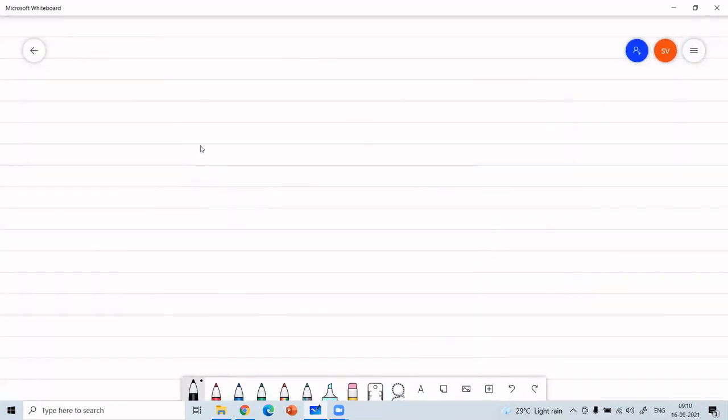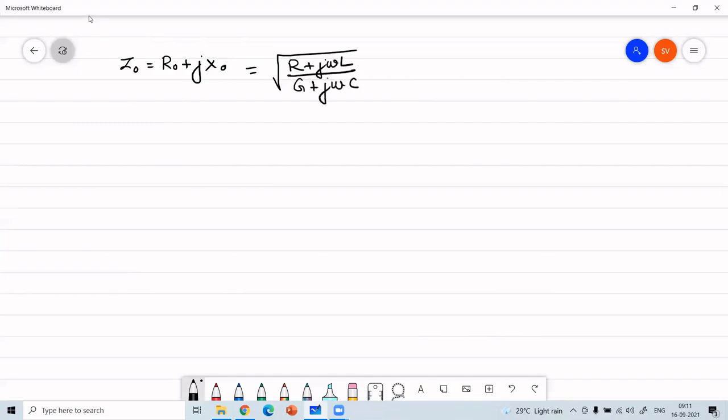Now let us write the equation for characteristic impedance in the case of a distortionless line. Z0 can be written as R0 plus j X0, which is equal to the square root of (R plus j omega L) divided by (G plus j omega C).